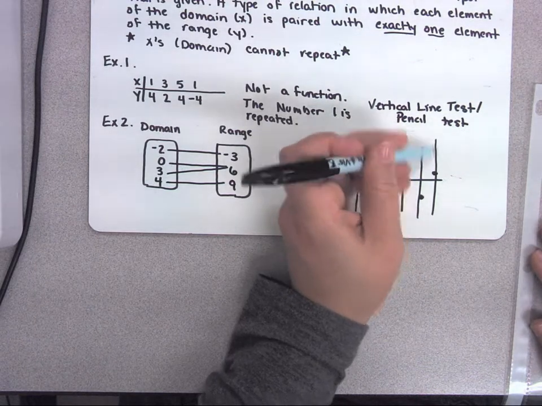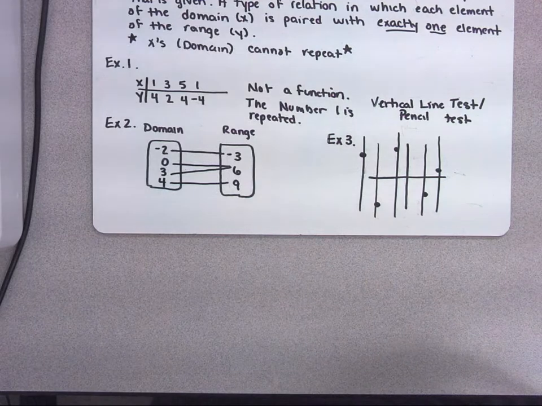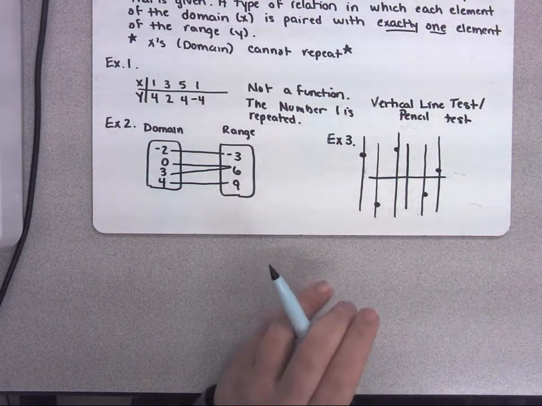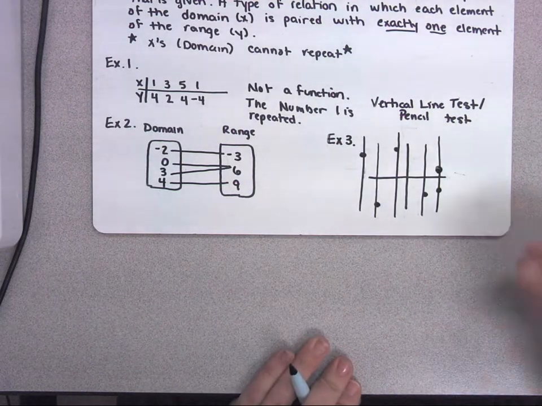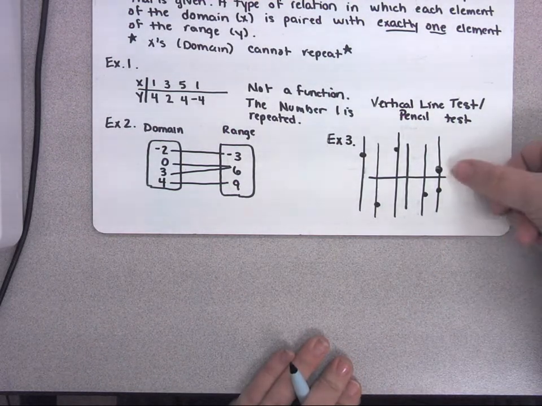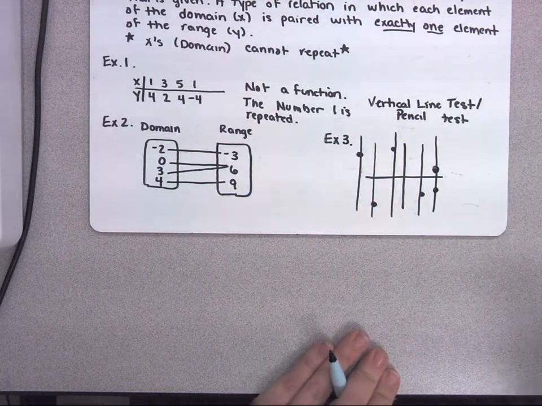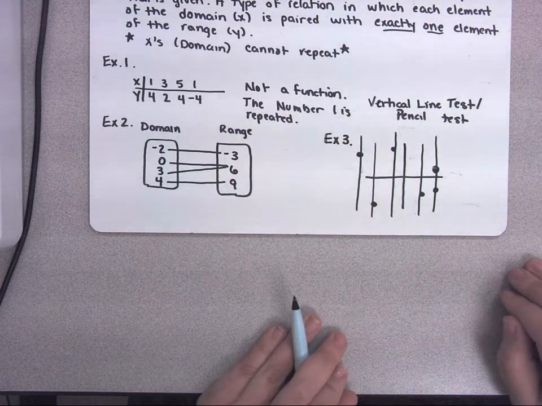So are there any other points on top of each other in the x's? If the answer is no for all the points, yes, it is a function. But if I had 2 points here on that same line, you see how I have 2 points on that same line together? This would not be a function because there's 2 points on the same pencil line or vertical line. Does that make sense?